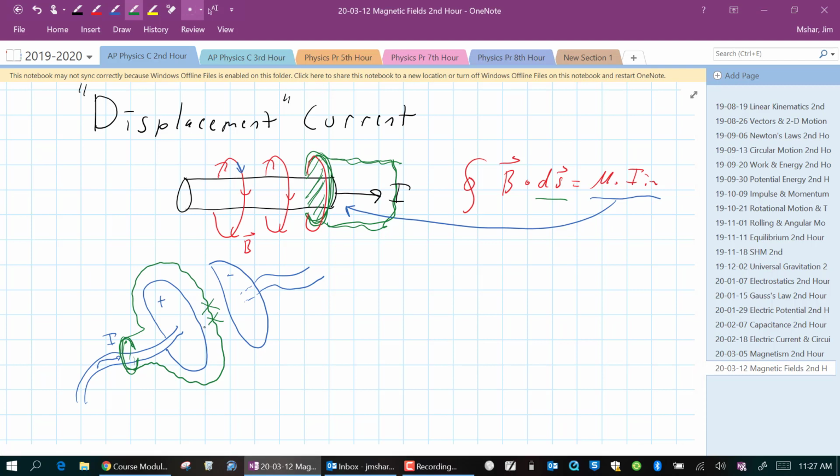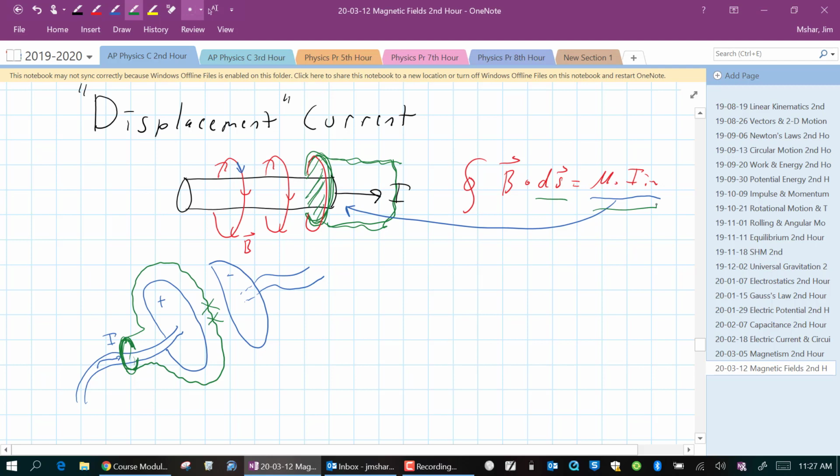So what do we do? Does that mean there's no magnetic field over here by this wire? Well, of course there's a magnetic field there. There's a current passing through there. So we have to modify Ampere's law significantly to account for this lack of an I in that particular area.